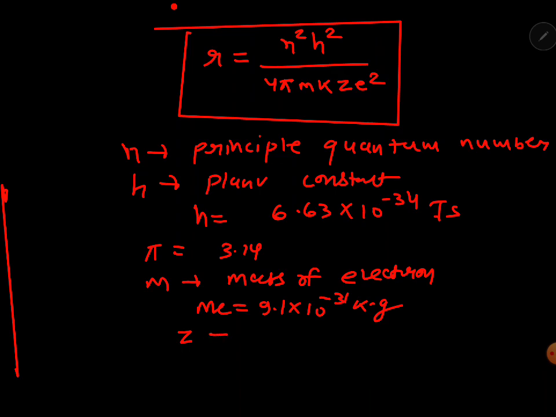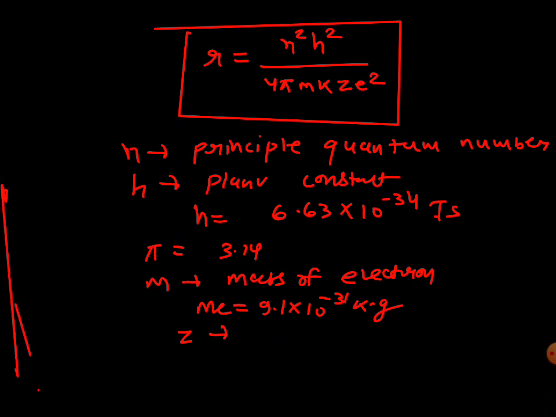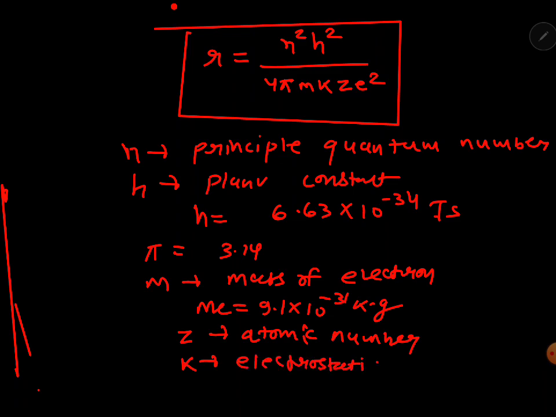Z is the atomic number of the substance. k is the electrostatic constant, equal to 9 into 10 to the power 9 newton meter square per coulomb square.